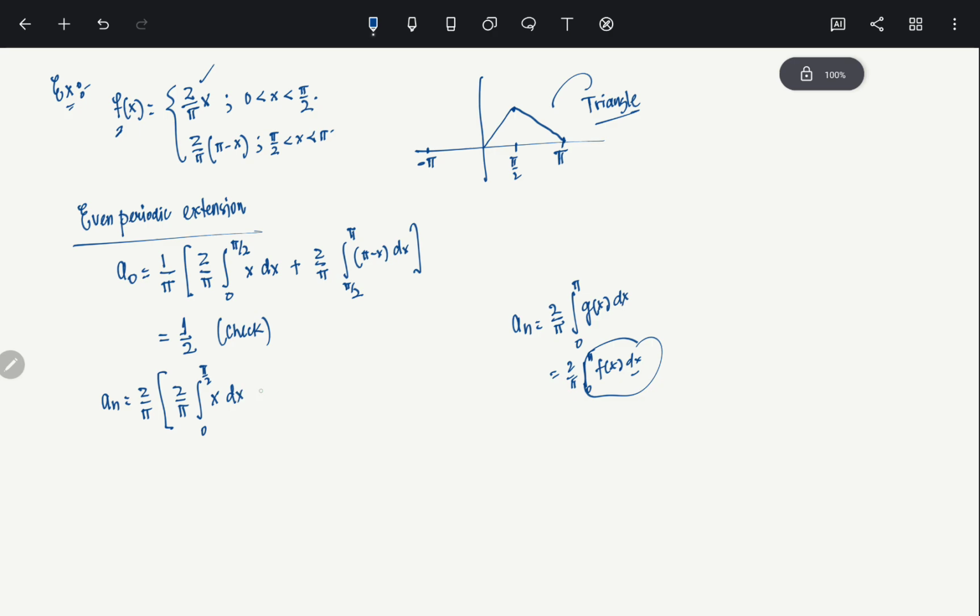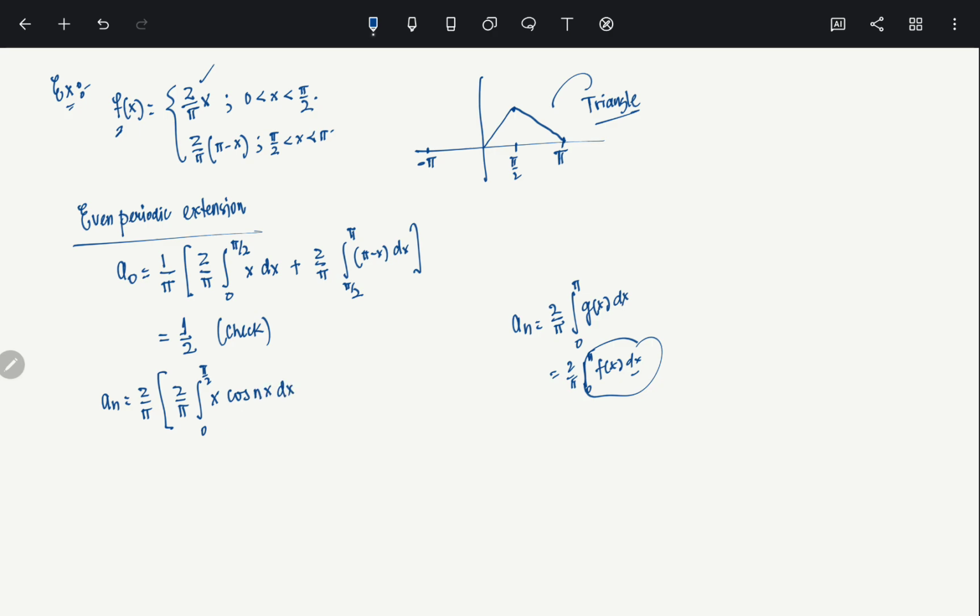Sorry about the little confusion. And then again the 2 by pi part is there, and then pi by 2 to pi, and then pi minus x. Okay, I have missed a cosine here. I'm really sorry about this confusion. This is a cosine nx dx. Yeah, this is a_n, right?